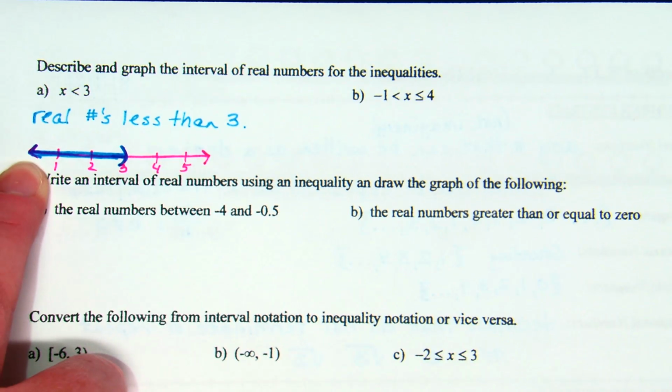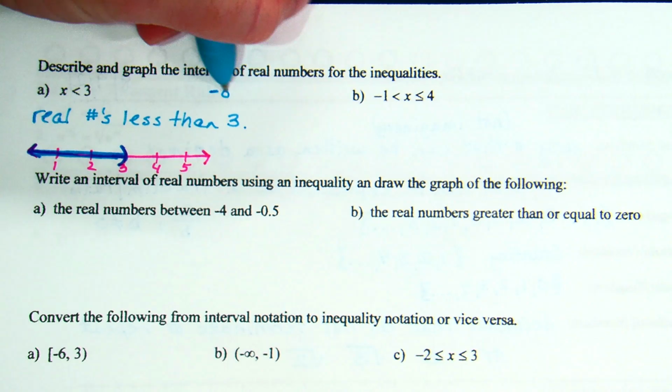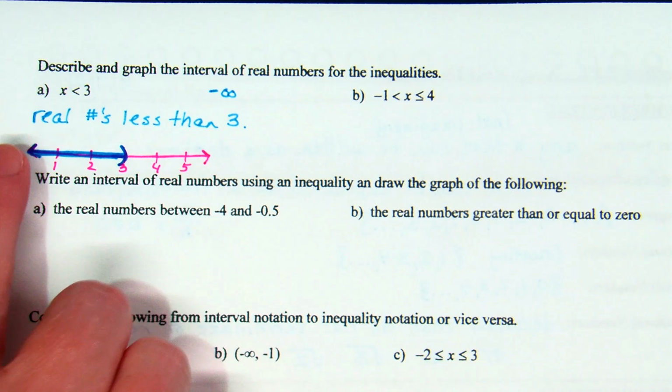Does it begin at a specific number? No, it doesn't. What represents when it goes off to the left indefinitely? Negative infinity. So when we're doing this in interval notation, it's starting at negative infinity.